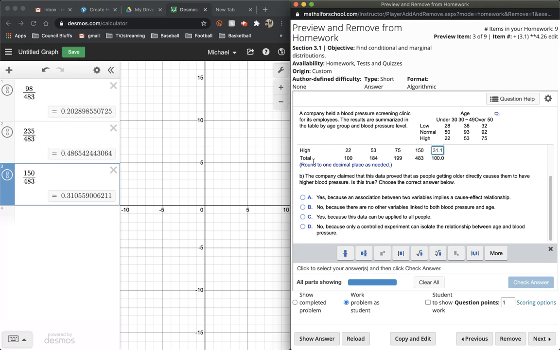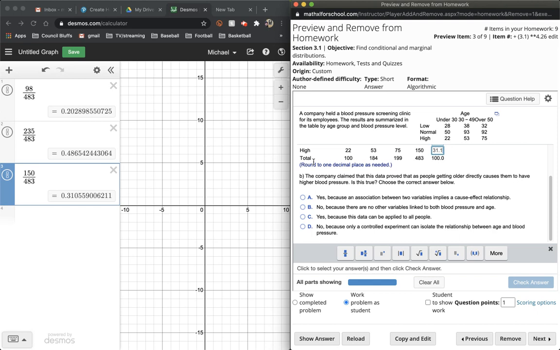Okay, so in that same set of notes on chapter 2 and 3, one of the very last slides had that statement: correlation does not imply or does not prove causation. While this data may make it seem like there is a relationship between how old someone is and whether they have high blood pressure, that does not necessarily mean that being old directly causes you to have high blood pressure.